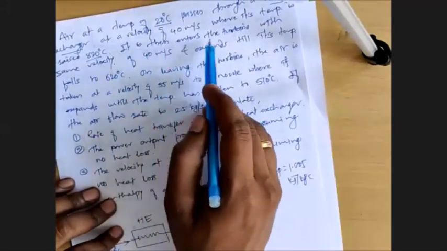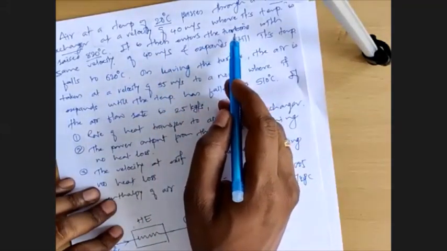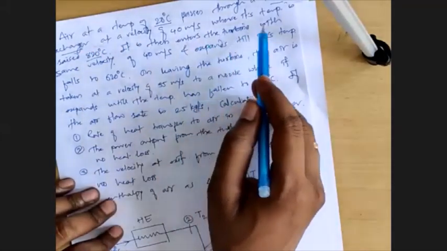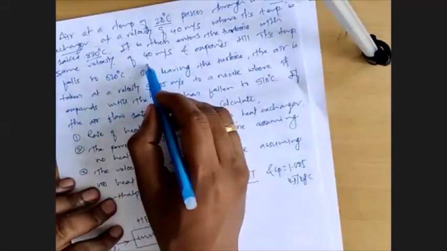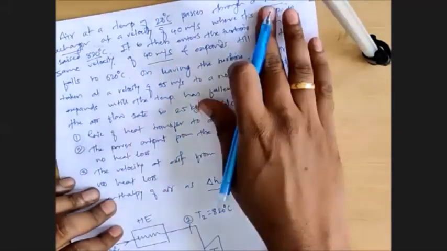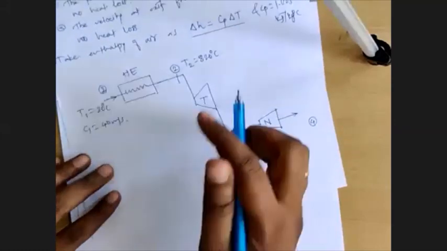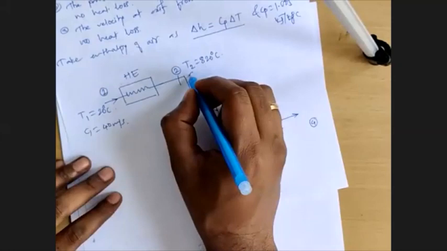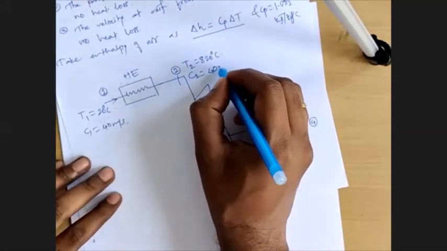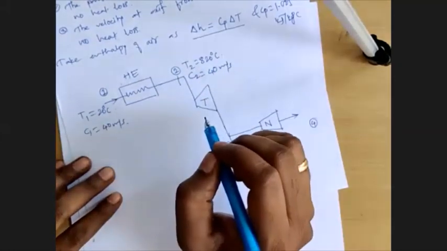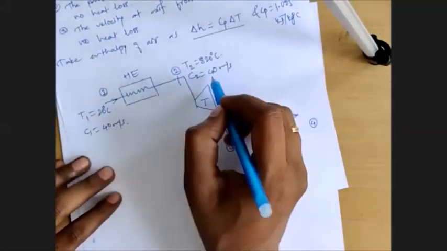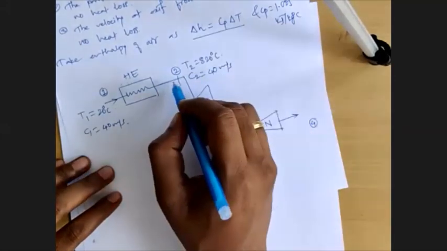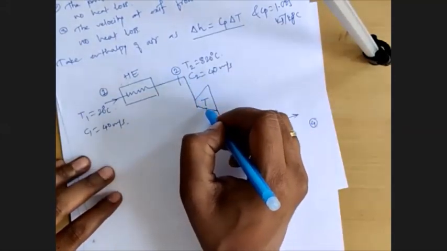It then enters the turbine. After the heat exchanger, the next device is the turbine. It then enters the turbine with the same velocity of 40 meter per second. So what they have given is, once fluid comes out of the heat exchanger, its velocity is 40 meter per second, and with the same velocity it enters the turbine also.